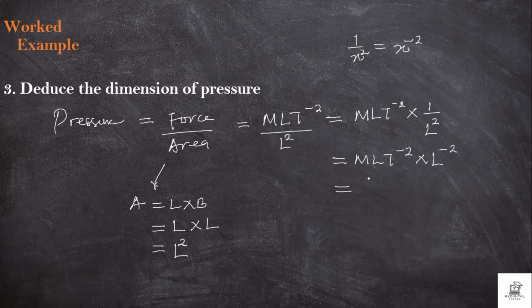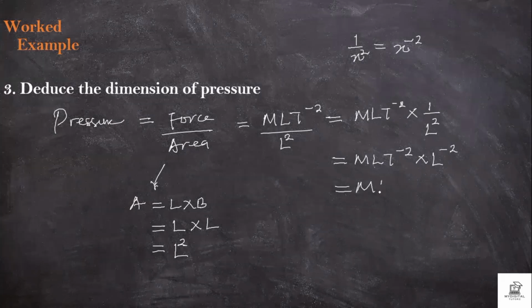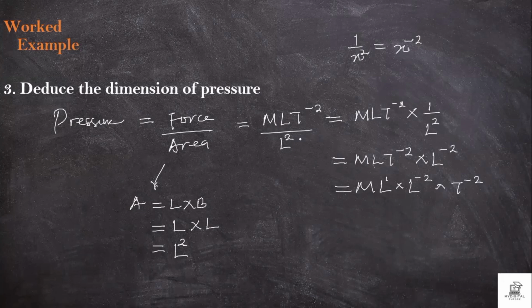So I'm going to bring them together. I have M L raised to power 1 multiplied by L raised to power minus 2 multiplied by T raised to power minus 2. By a law of indices, if I have 2 raised to power 3 times 2 raised to power 4, it is equal to 2 raised to power 3 plus 4.